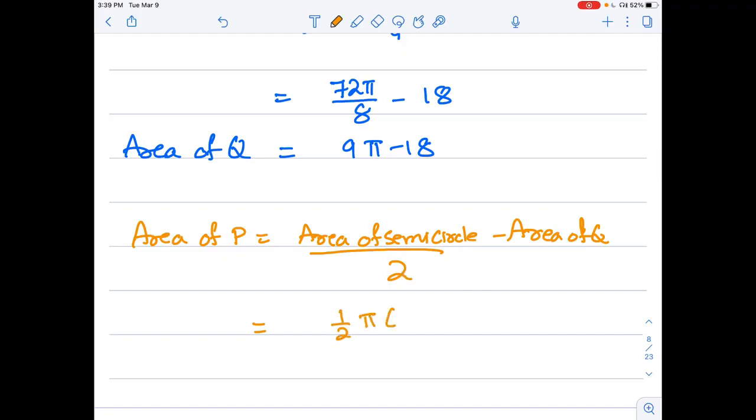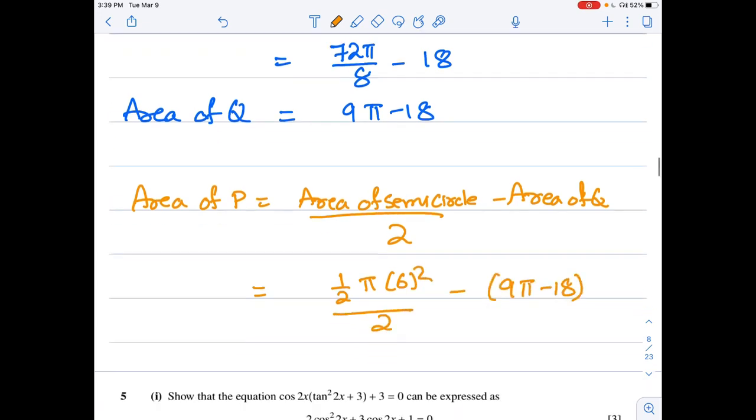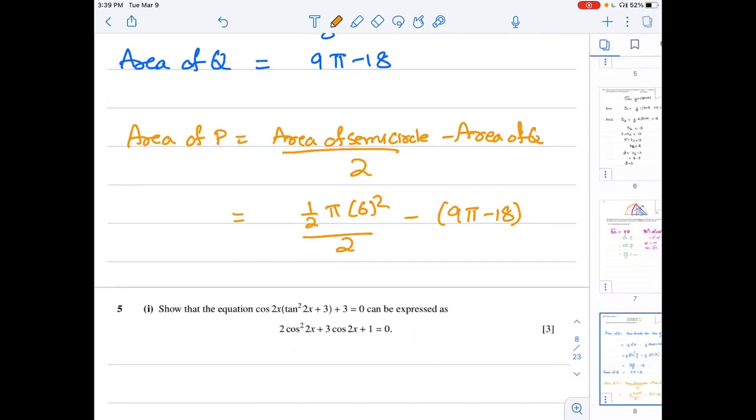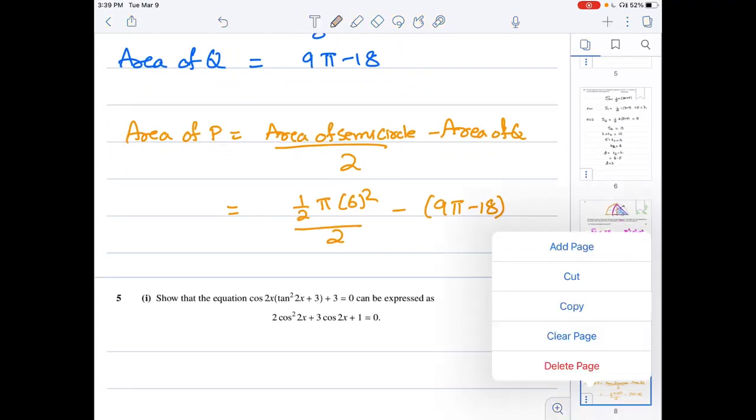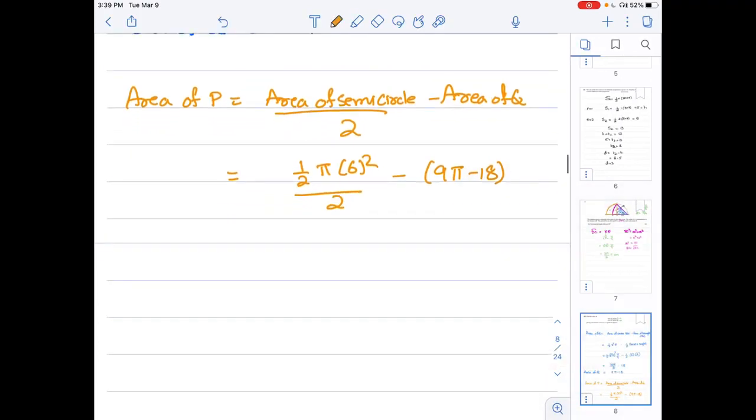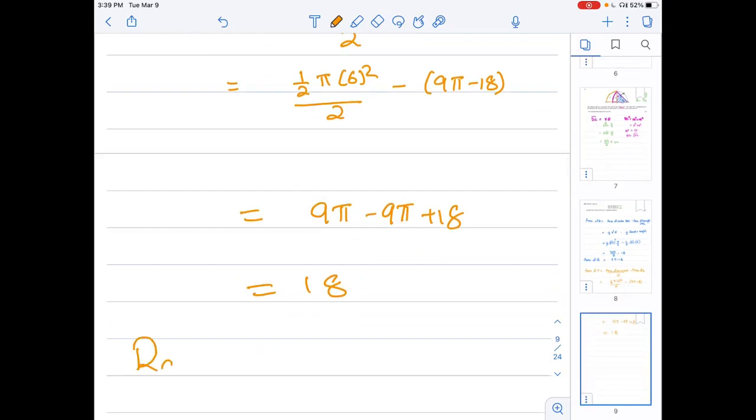The radius of that bigger circle is 6, so 6 whole square divided by 2 minus 9 pi minus 18. We simplify that: it becomes 18 minus 9 pi plus 18... so area of P is nothing but 18.